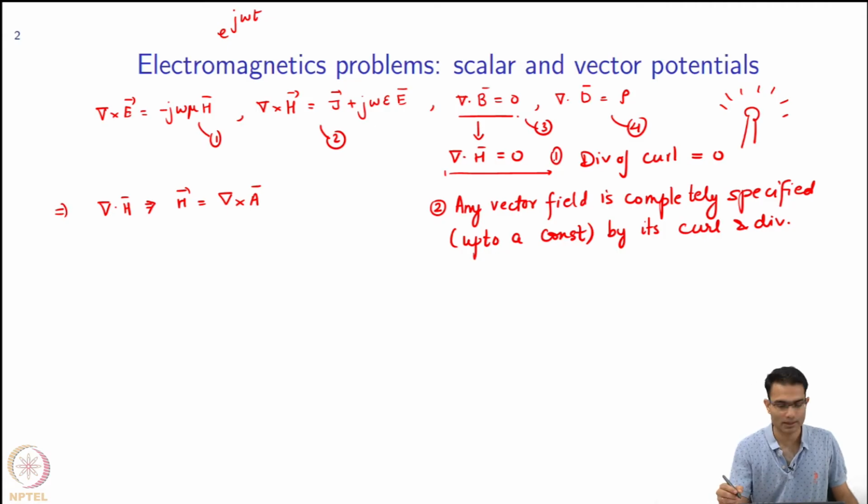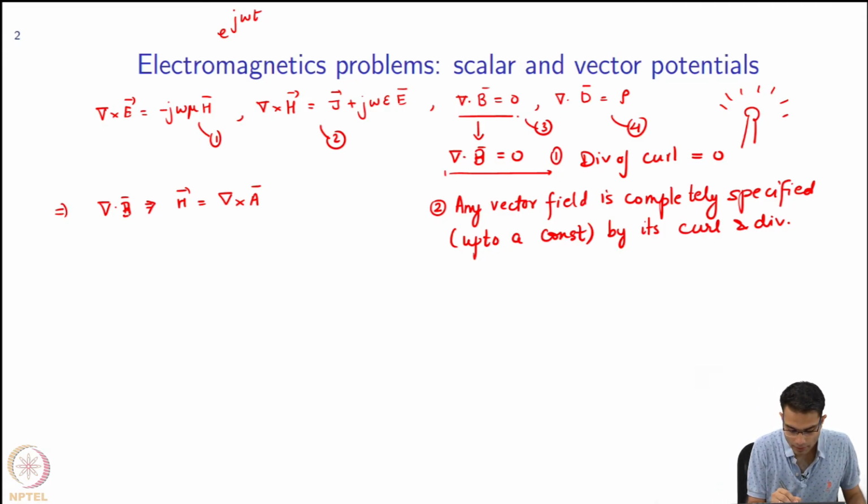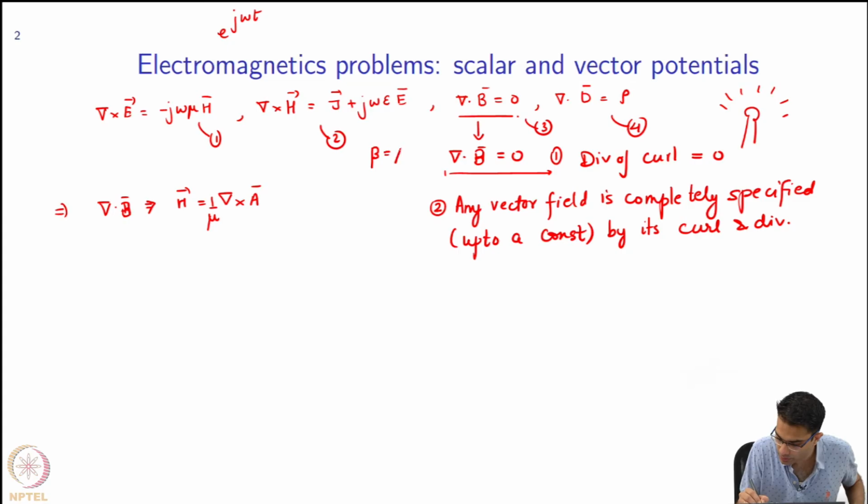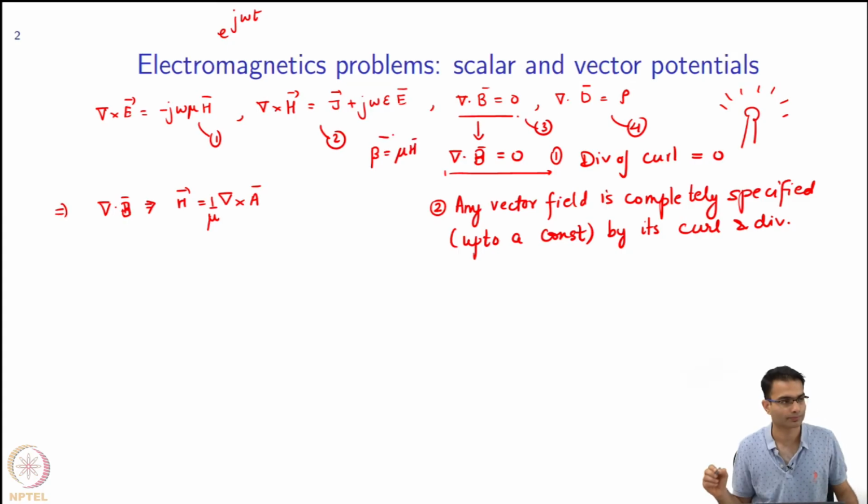Why make this special case? Let's keep this as del dot B equal to 0 itself, and all we have to do is this. Okay. So then I don't have to make any special case that mu is magnetic, not magnetic, whatever, right. So this is right, because B is equal to mu H.